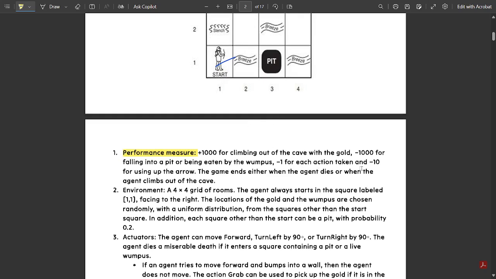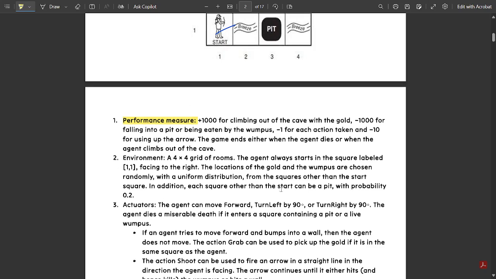Minus 1 for each action taken and minus 10 for using up the arrow. The game ends either when the agent dies or when the agent climbs out of the cave. That is when the game ends, whether he dies, fails the task, or is able to reach the final destination. So this is basically the performance measure.